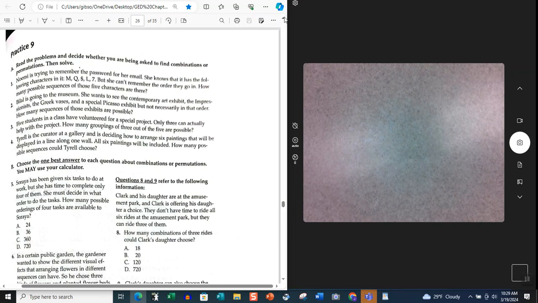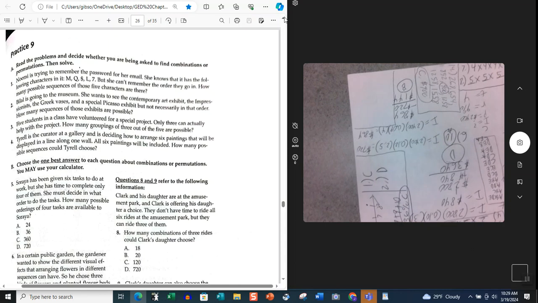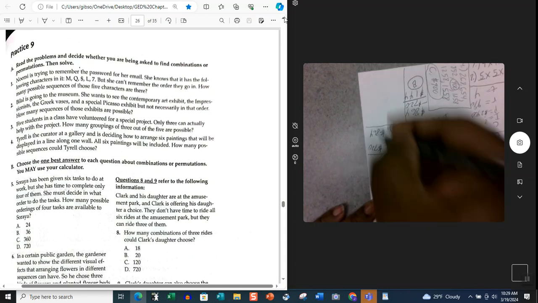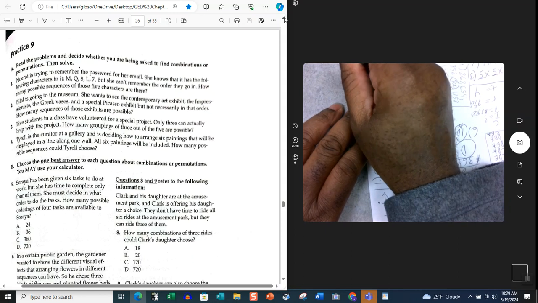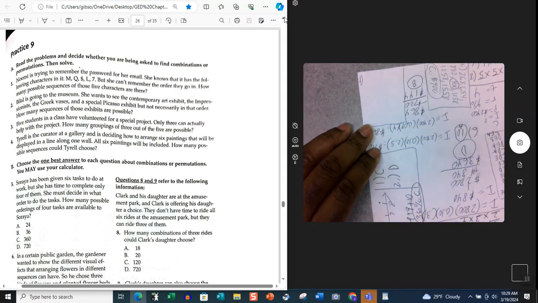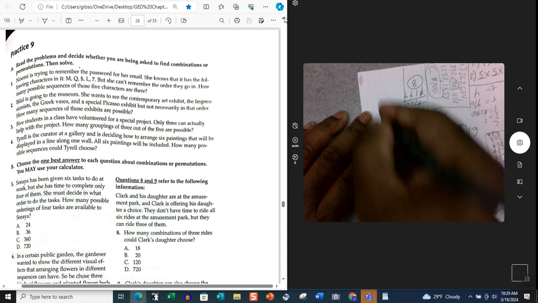How many possible sequences of these 5 characters are there? Okay, so basically, this is a permutation because order does matter. So, what we would do is this here. So, with number 1, we have 5 possible combinations here.